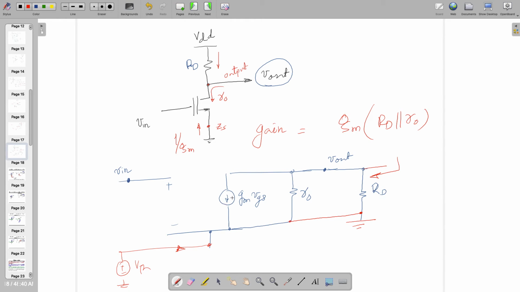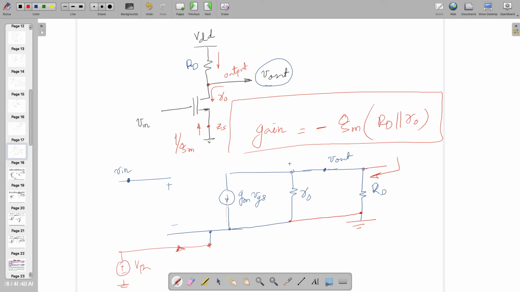However, the drain current is coming in opposite direction. So the value has to be incorporated over here, and it has to be minus GM. If this current is flowing upside, then it's plus, but it's going in opposite direction, that's why it has to be 1 by GM, but with the minus sign. So the gain becomes minus GM times RD shunt with RO.